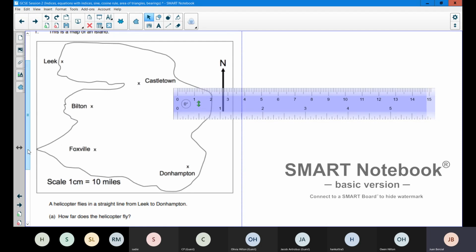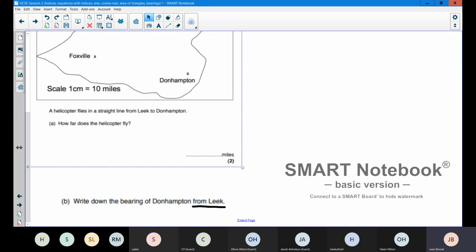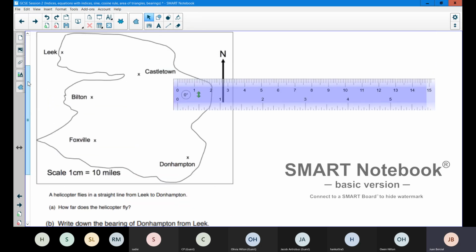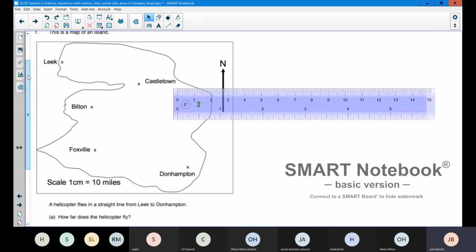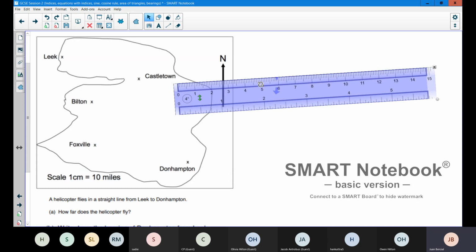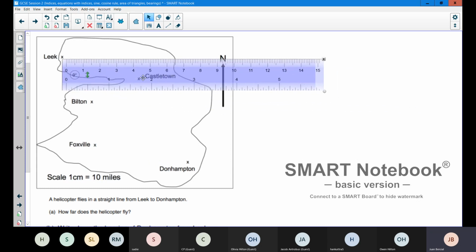So all we need to do, from Leek to Dumphampton, is write down the bearing of Dumphampton from Leek. But first, how far does the helicopter fly? In the scale, all we need to do is measure.